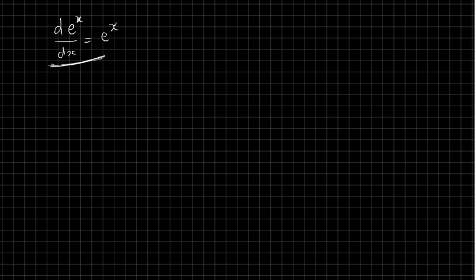Something else I wanted to show you with this is that if you have the exponential function, we found earlier that you can actually expand this as a Taylor series, and you get out 1 plus x plus x squared over 2 factorial plus x cubed over 3 factorial plus x to the 4 over 4 factorial.